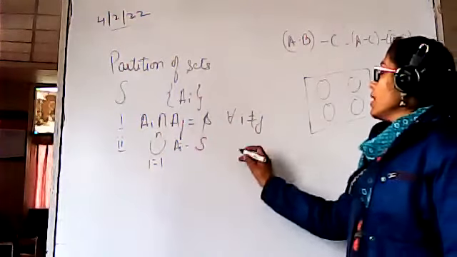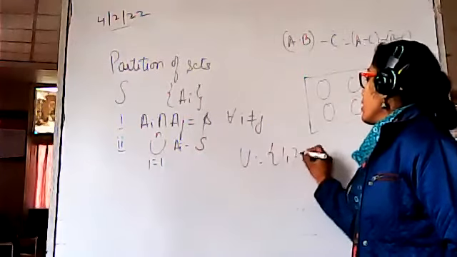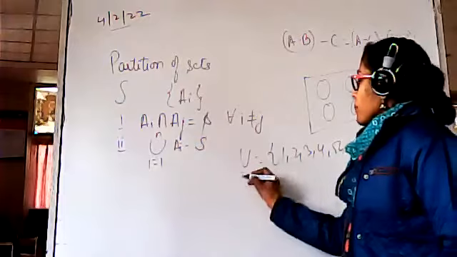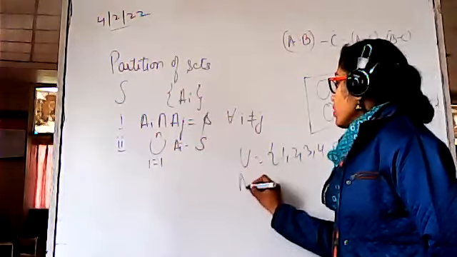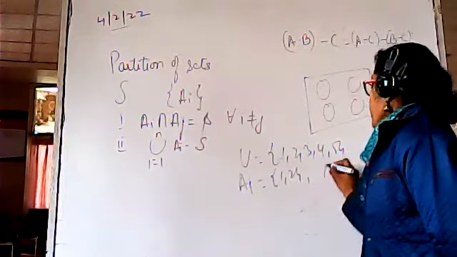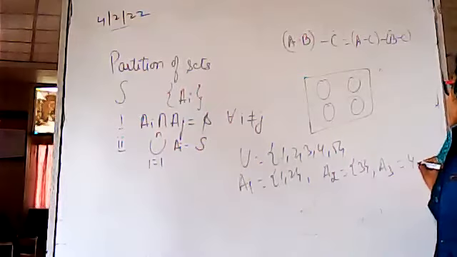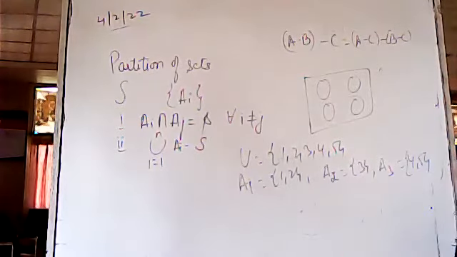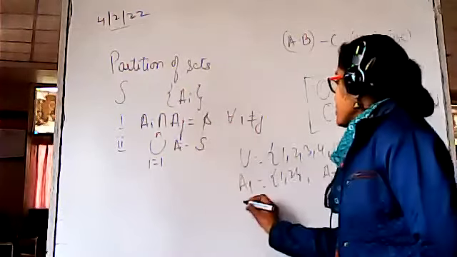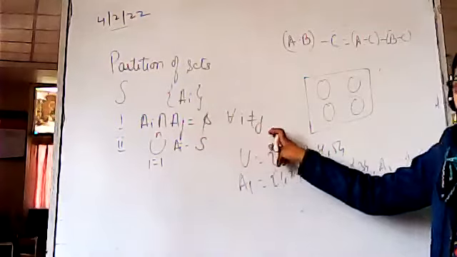For example, let us suppose that we are having a set U equals to 1, 2, 3, 4, 5. Let us take some small subsets: A1, let it be 1, 2, A2, let it be 3, and A3, let it be 4, 5. So we have to satisfy these two conditions. First condition is Ai intersection Aj equals to phi for i not equals to j.